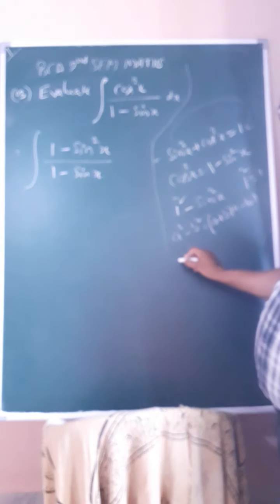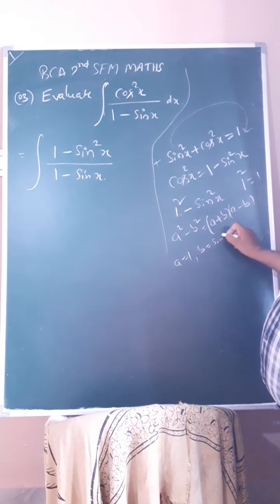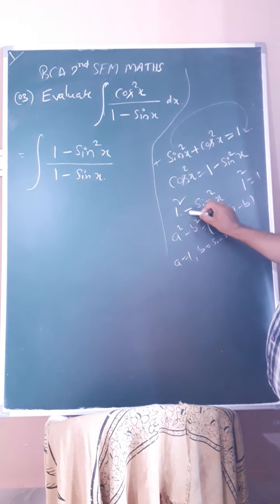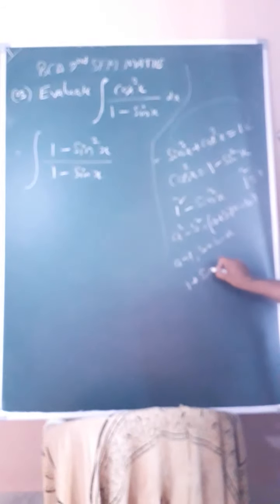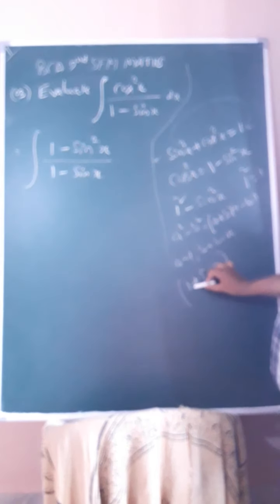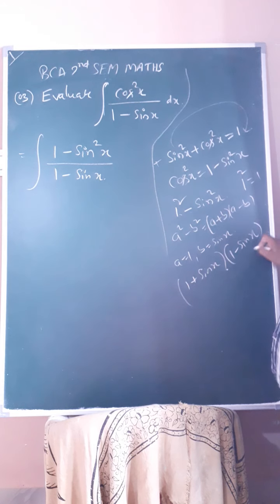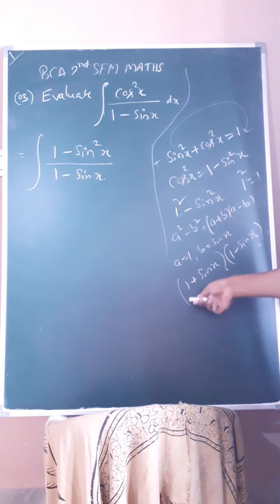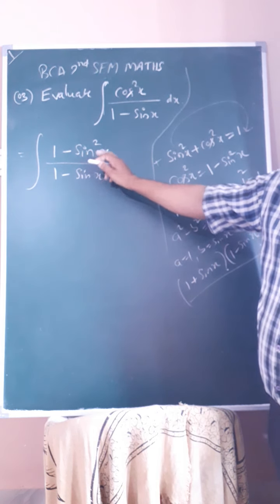Here a is equal to 1 and b is equal to sin x. So it becomes 1 plus sin x into 1 minus sin x. Use this in the numerator.